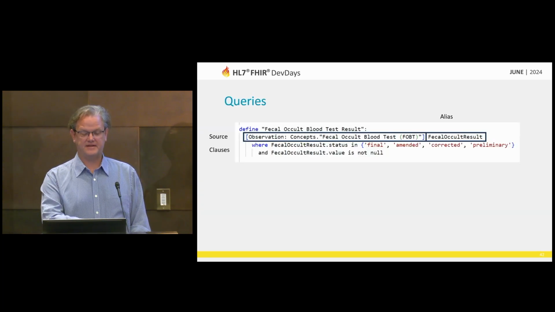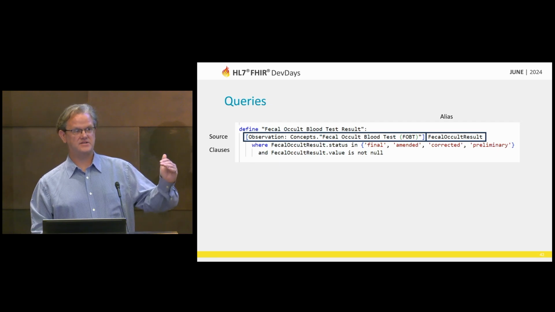If you look at that fecal occult blood test result, it's taking the observation concepts fecal occult blood test, and it's giving it a name. We call that an alias, and that's starting a query. And as a language construct, that means then that you can introduce clauses. In this case, we're doing a where clause, and we can use that alias to access.